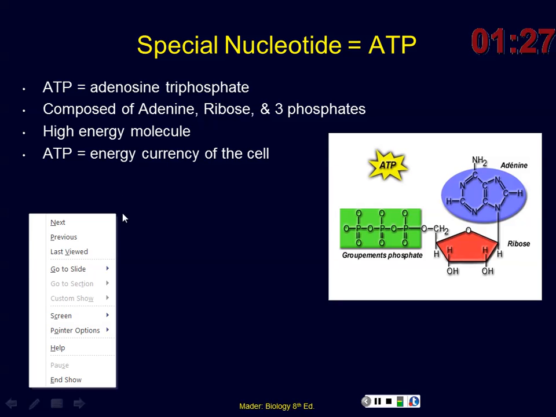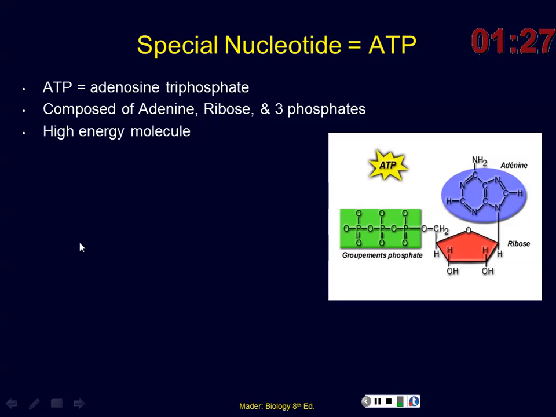It is a very high energy molecule. As a matter of fact, the energy in the molecule, and pay close attention, the energy in the molecule is right there. That bond right there between the third and the second phosphate group has a lot of energy. We call this molecule the energy currency of the cell. Why do we call it the energy currency of the cell? It's because cells literally spend it.